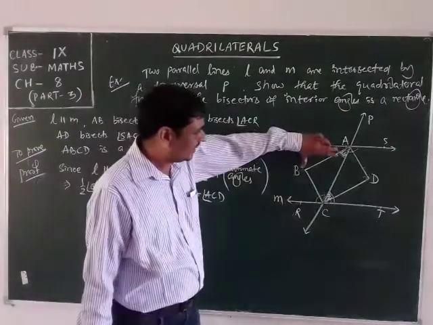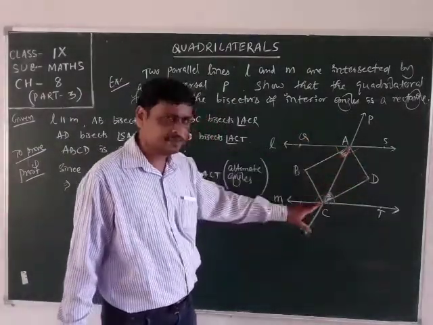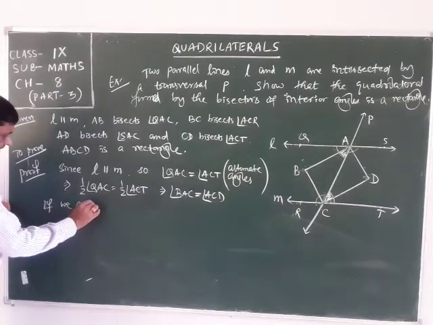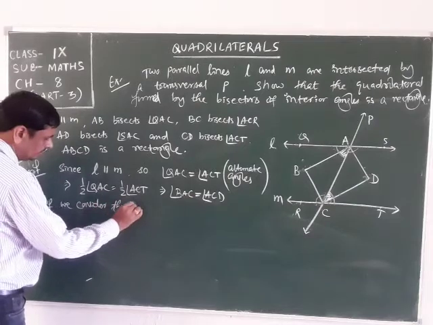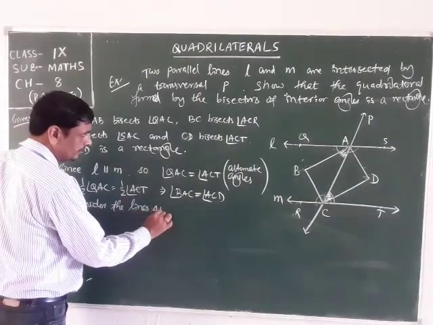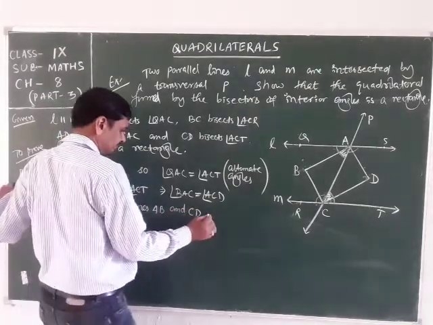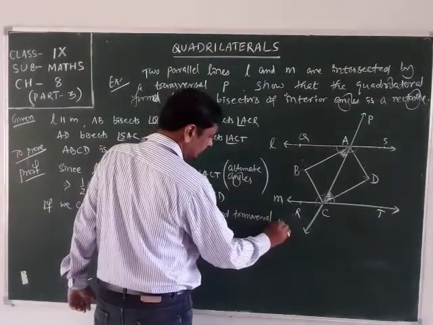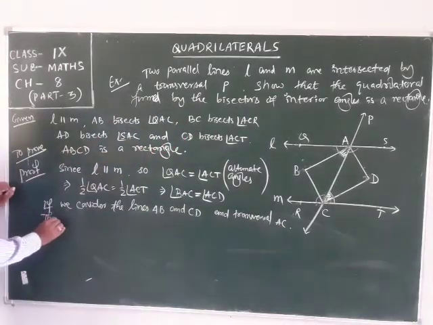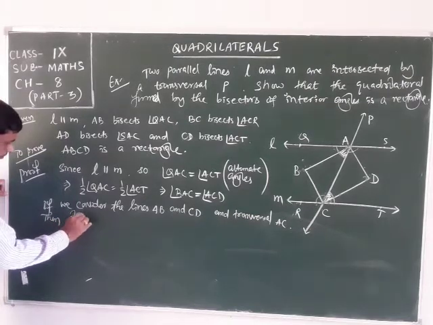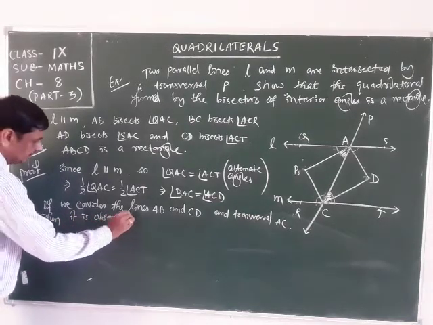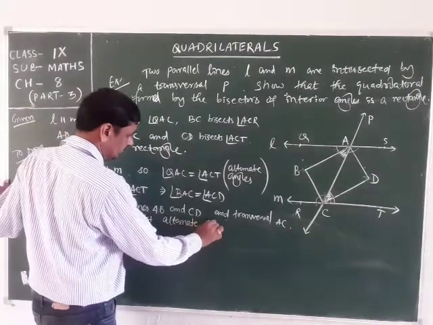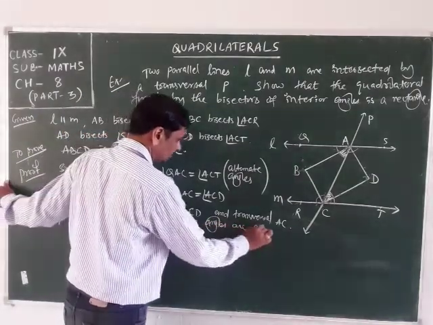Now, if we take the lines AB and CD with AC as their transversal, it is observed that alternate angles are equal.